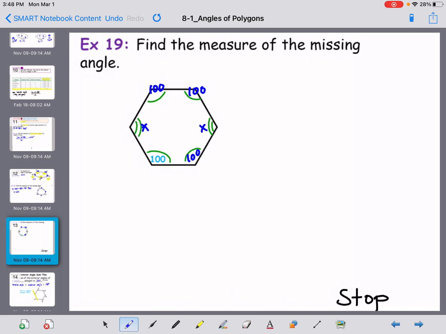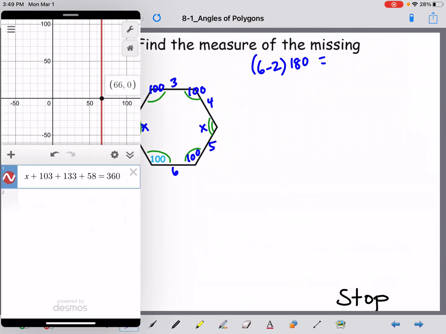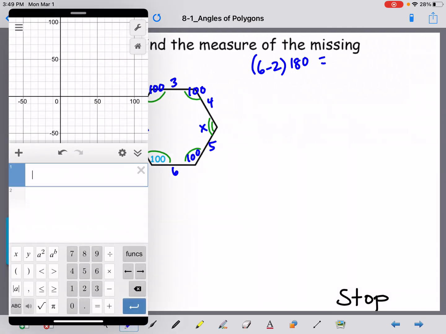Now I need to know how many sides I've got. 1, 2, 3, 4, 5, 6. So 6 minus 2 times 180 gives me 720. Sure is.